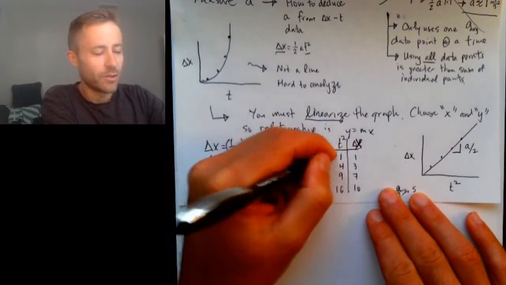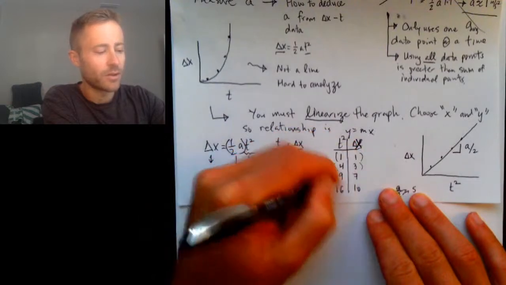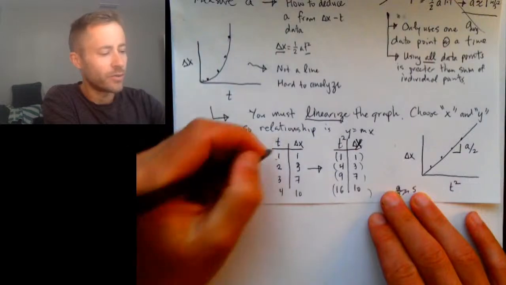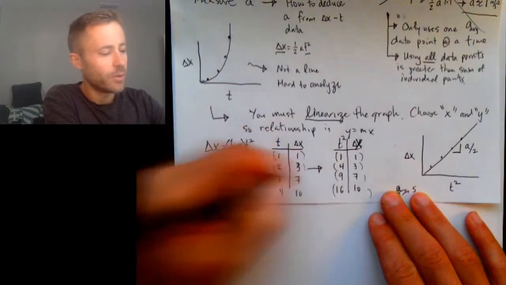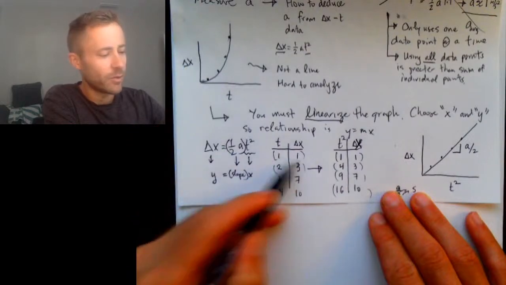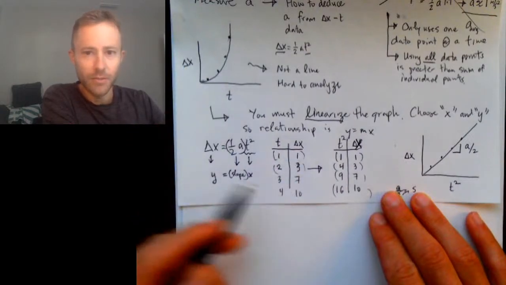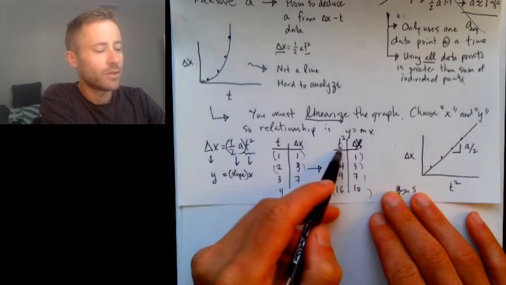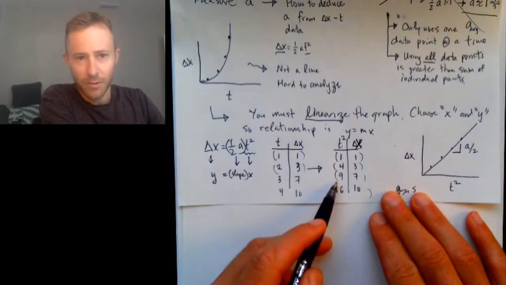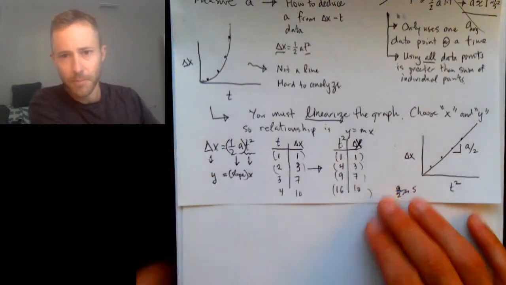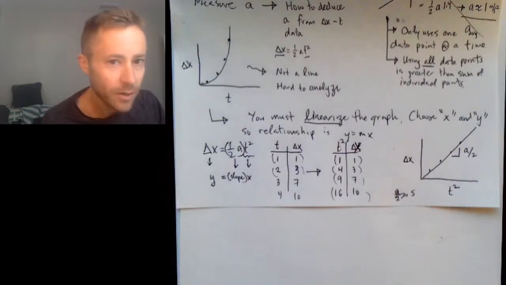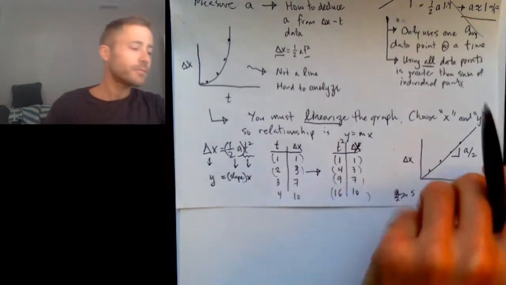These are the ordered pairs that you are graphing. Notice how the ordered pairs are different. If you were to graph position versus time, these would be your ordered pairs. And if you're graphing position versus time squared, you are now graphing some different points. So that is called linearizing the graph.